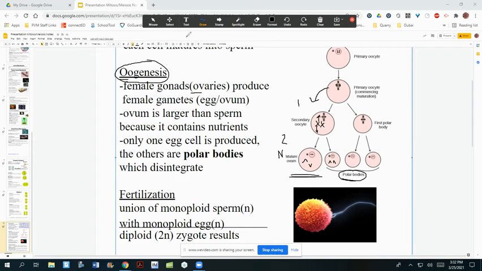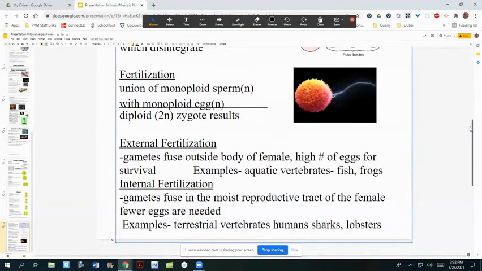All right, so that brings me to fertilization. The fertilization event is the fusion of an ovum, or egg, and sperm. N plus N gives you 2N. So the final product after fertilization brings you back to a 2N somatic cell that can divide by mitosis.